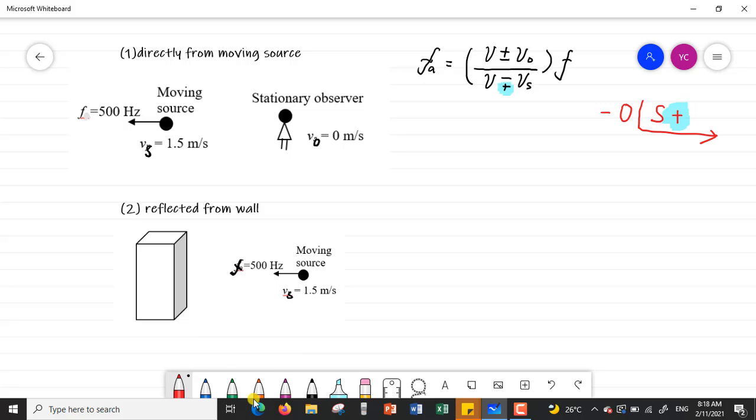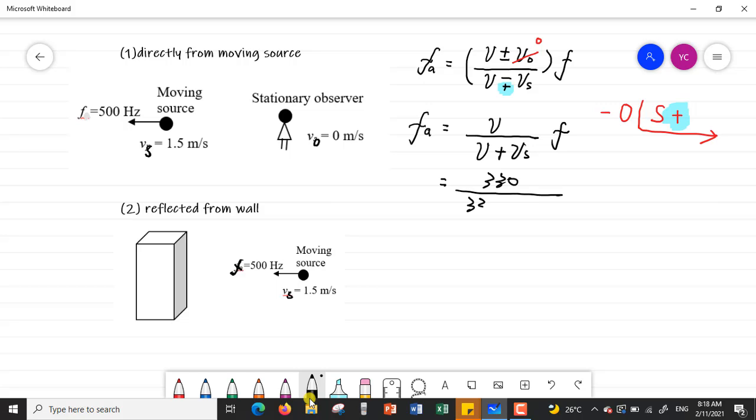And then our observer is stationary. It means that velocity of observer is 0. So we can simplify the equation. It will become V over V plus Vs multiplied by F. Then only we put in the values. The speed of sound is 330. The velocity of the source vessel is 1.5. The actual frequency emitted by the vessel as the moving source is 500.